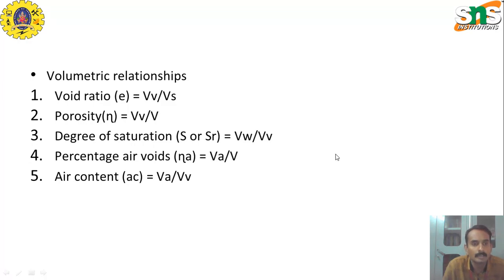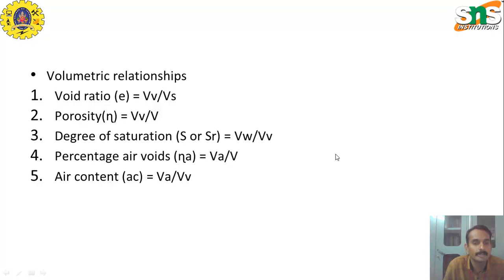So in simple terms, we already know that soil contains pore spaces present inside. So that pore phase is either filled with air or filled with water. So the empty space present inside the soil media is generally termed as voids or pores. So the void ratio is the ratio between volume of voids to the volume of solids, whereas porosity also represents the percentage or amount of pores present inside the soil.